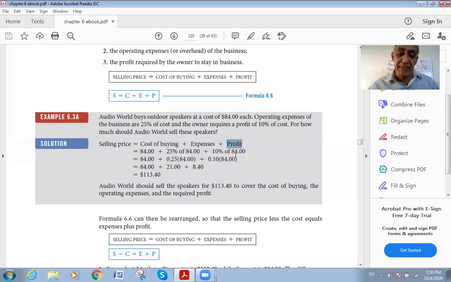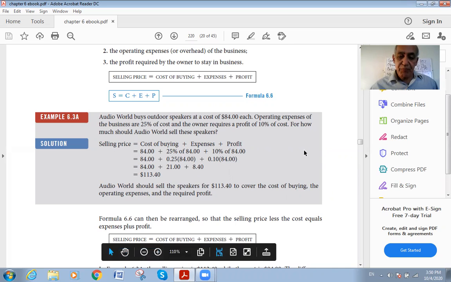The cost is 84. Okay, so this is what we say about the selling price. That's great.